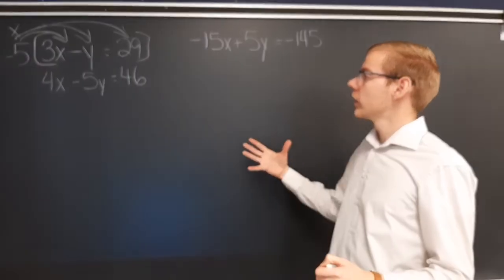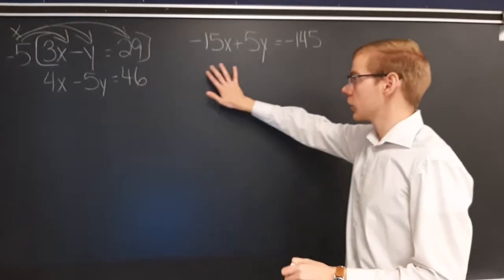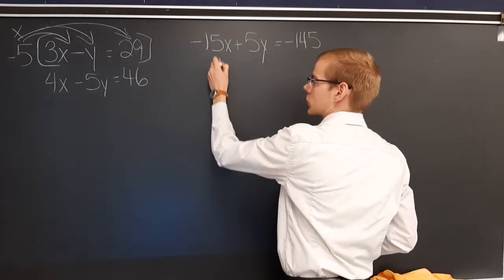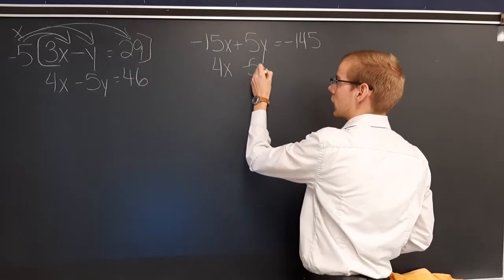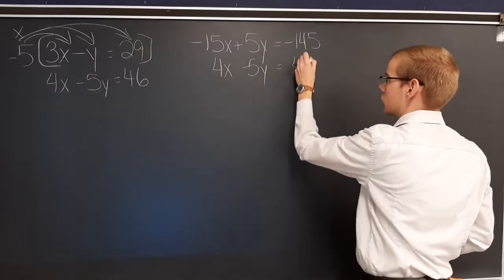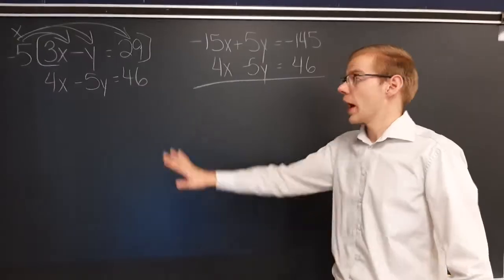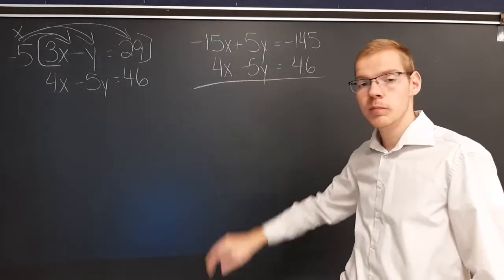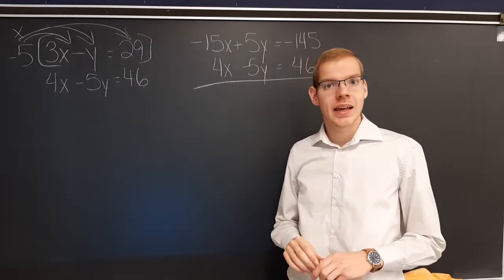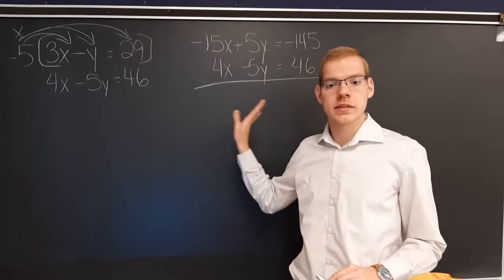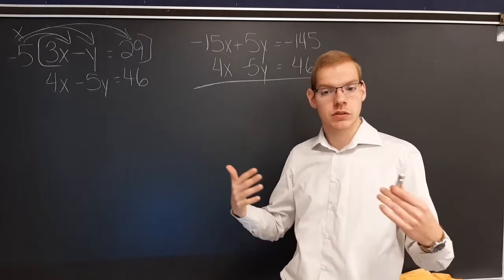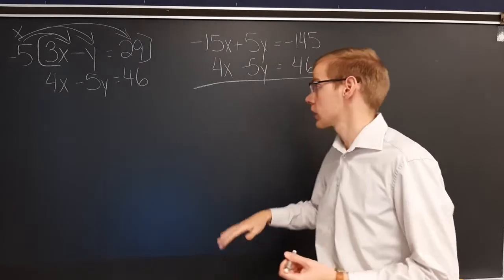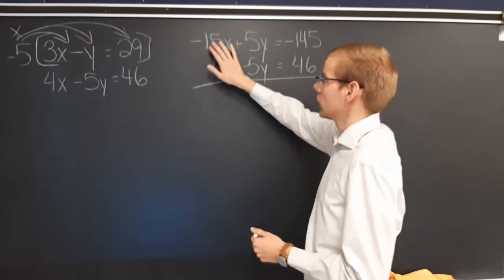And then write this underneath here. So 4x minus 5y equals 46. Now, at this point, we have a positive 5 and a -5, so that should work. And now all we do is the same thing as we did with the addition and elimination process. So we add these together.